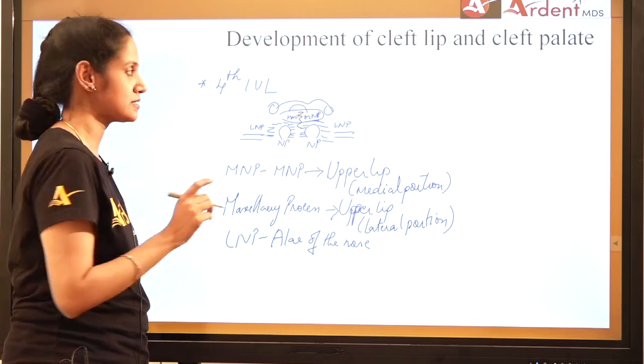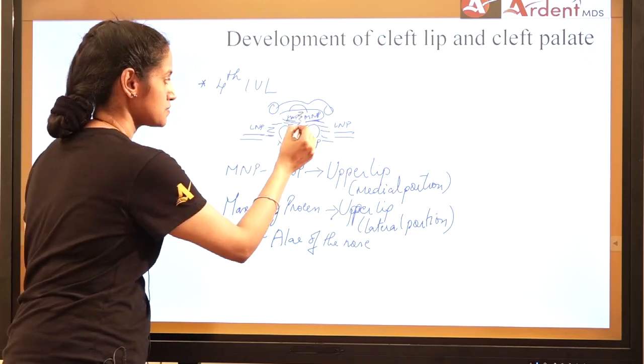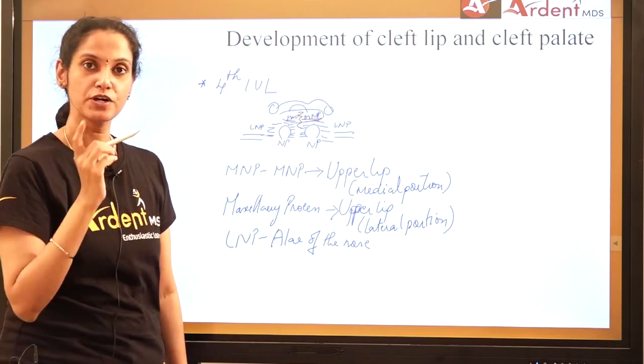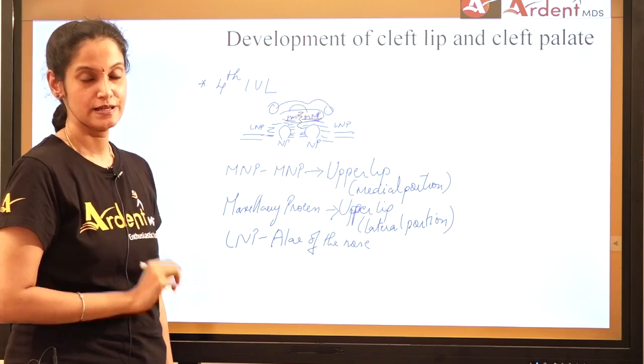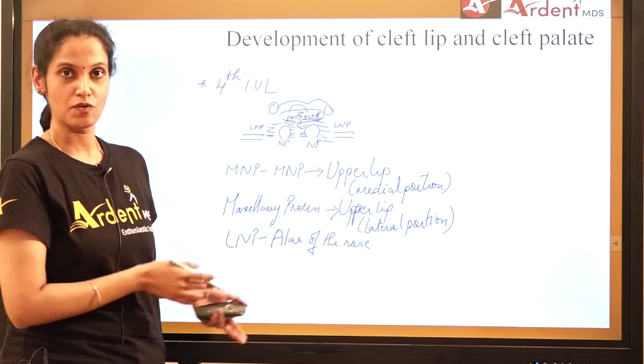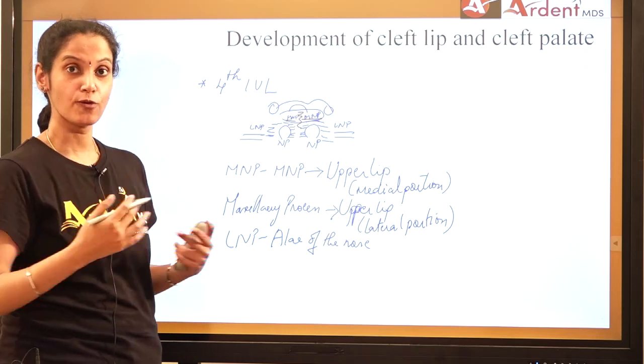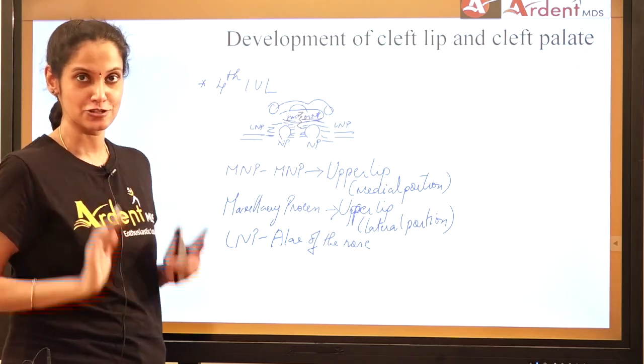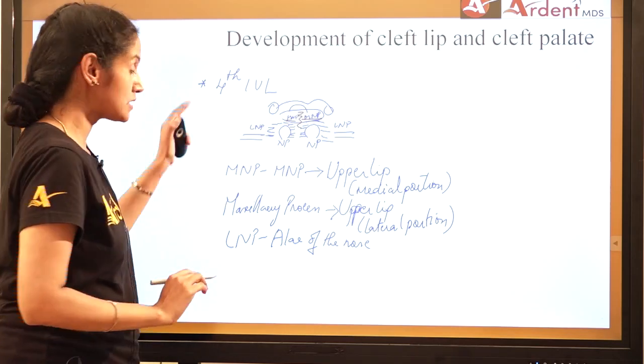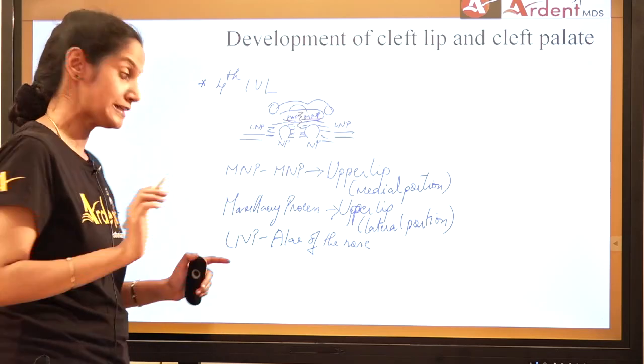In those regions, the problem is with the defective fusion of the two medial nasal processes. I will be reiterating the same concept with illustration, but before then, we need to let our imagination go on. Okay? So, this is about the development of the lips.